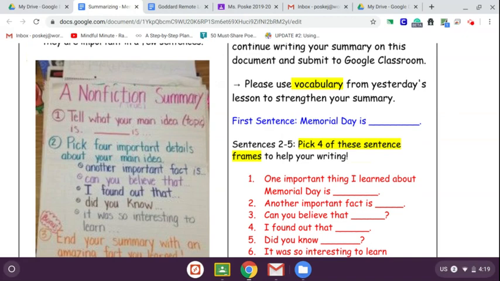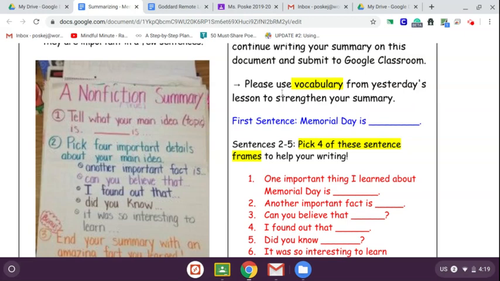If you prefer to write it with pencil and paper, you may do that and you can send your teacher the picture of your written summary. I provided this document so it may be easy for you to type using the sentence frames. If you want to write it down with a pencil and paper, go for it. Just make sure you send it to us so we can see your hard work.